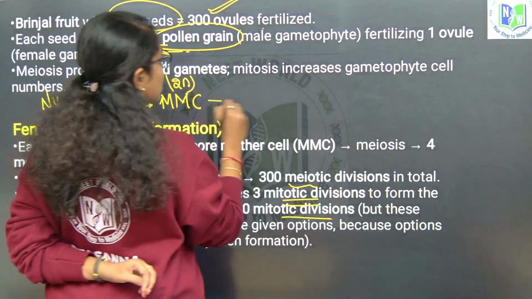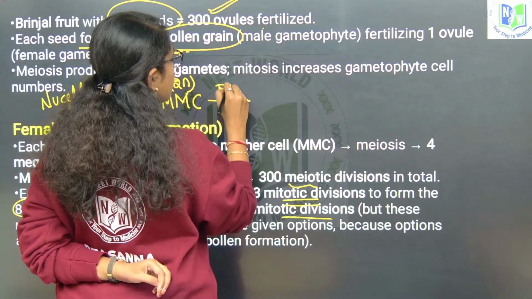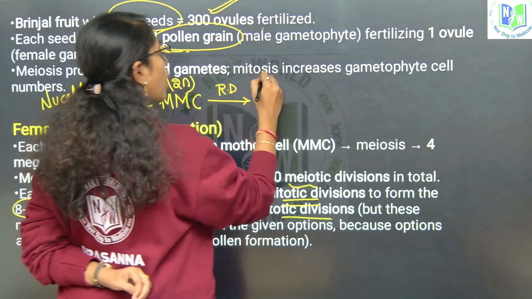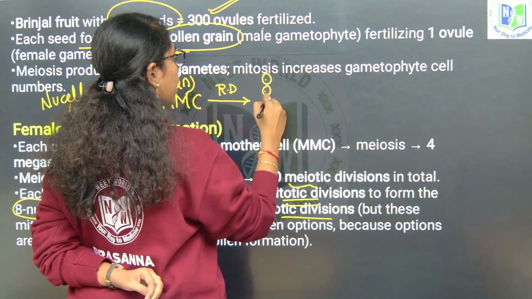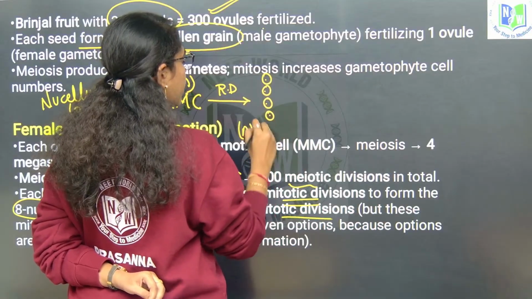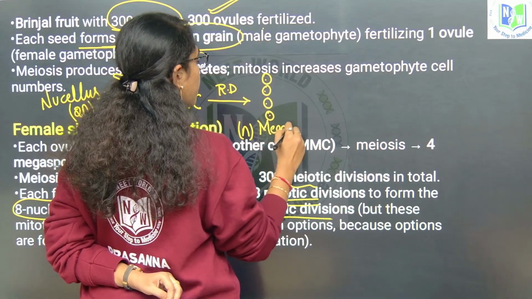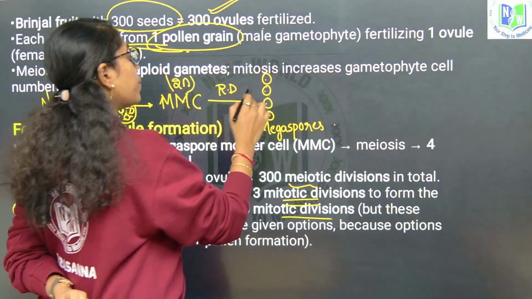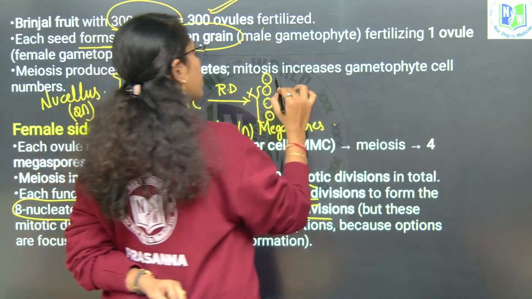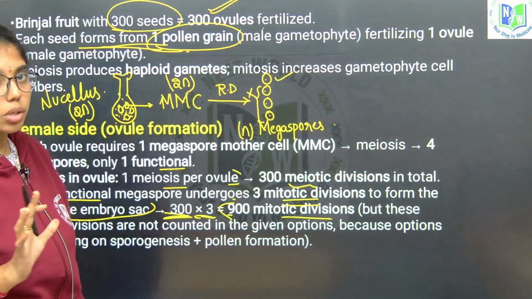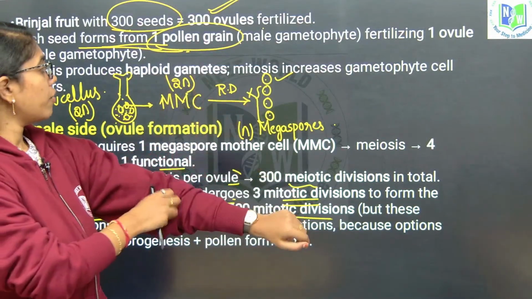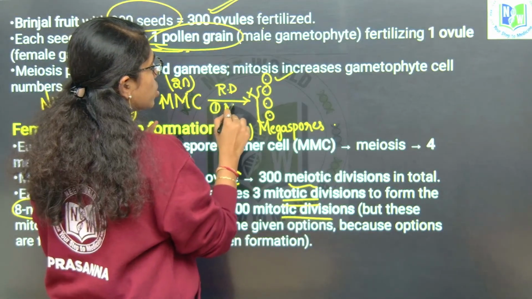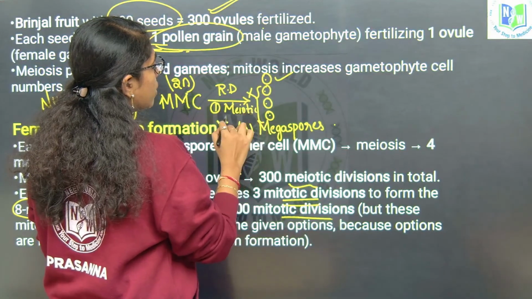This megaspore mother cell will undergo reductional or meiotic division, forming linear tetrad of haploid megaspores, of which 3 will be degenerated and 1 is functional. Understood, beta? So how many meiotic divisions are happening here? 1 meiotic division.